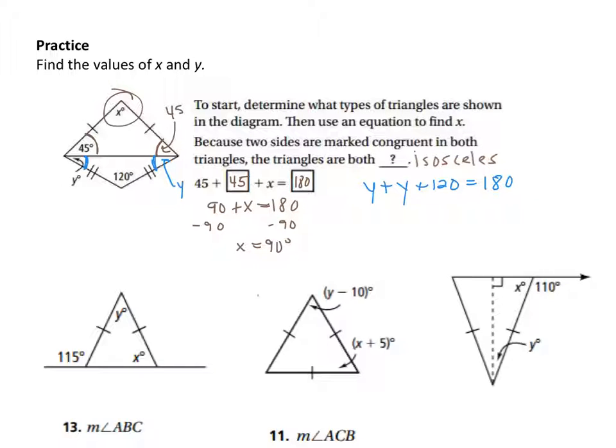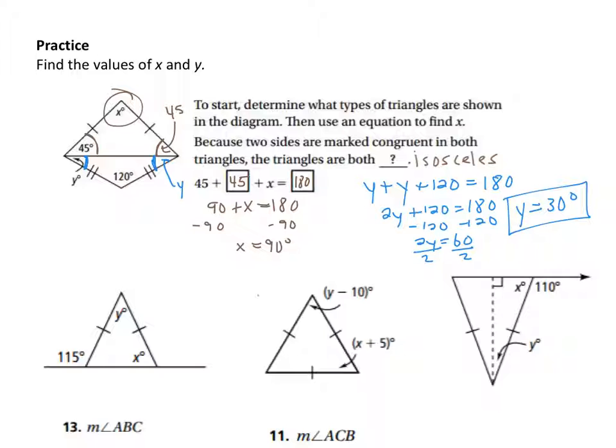Now we have our equation. y plus y is 2y, plus 120 equals 180. Subtract 120. So 2y equals 60. Divide both sides by 2, and we get y equals 30 degrees. So both of our base angles are 30 degrees, and on the first one, our vertex angle is 90.